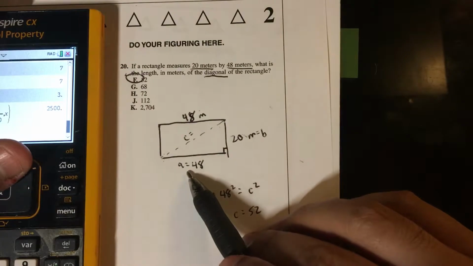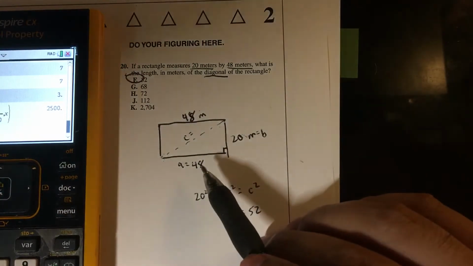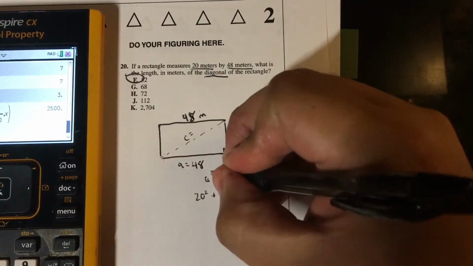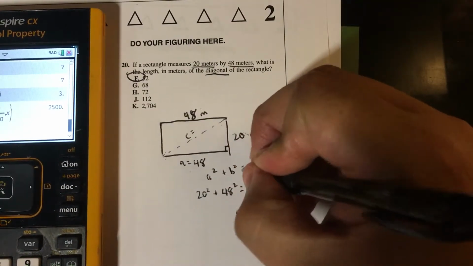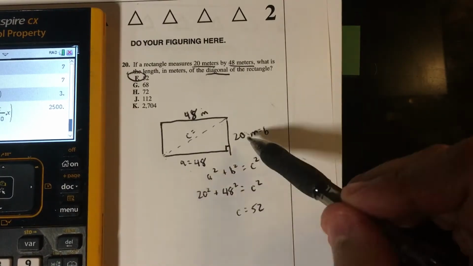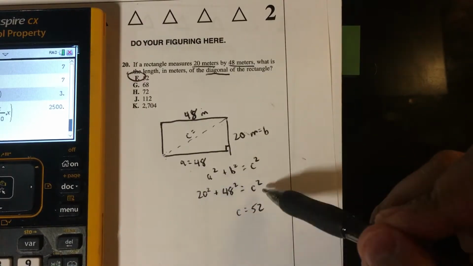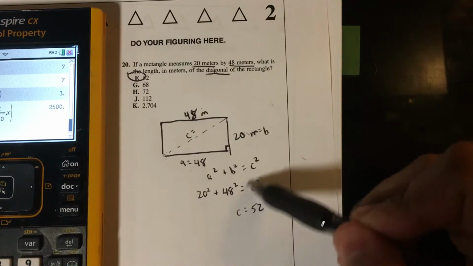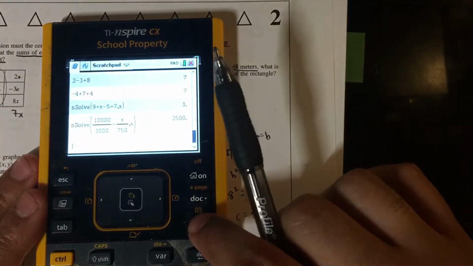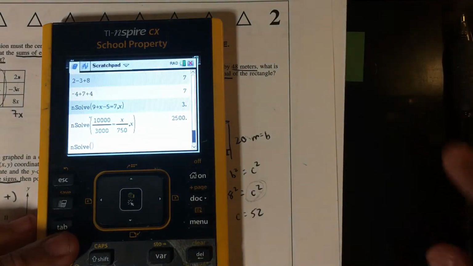It doesn't matter what you call A or B. I went ahead and just called this one A, this one B. But this is the Pythagorean theorem here. A squared plus B squared equals C squared. Okay, and I just plug in my numbers. A is 20, B is 48, C is what I'm trying to find out. And again, I'm going to go ahead and plug this in. I'm going to use nsolve, so menu 3, 1.